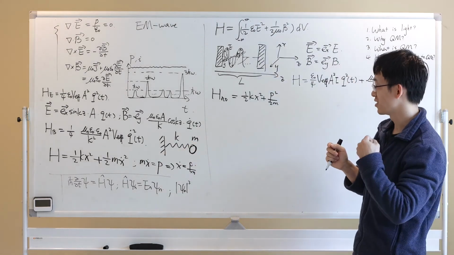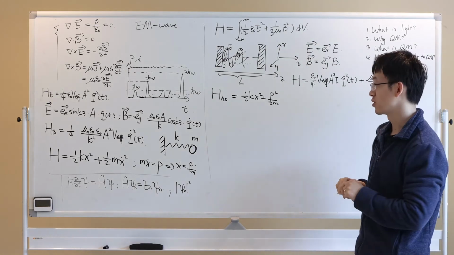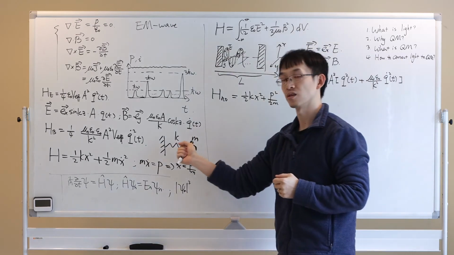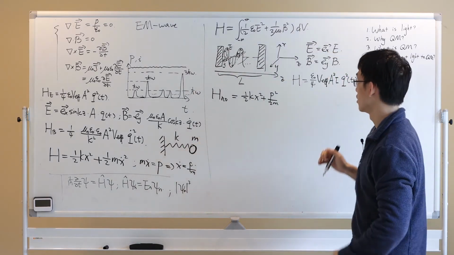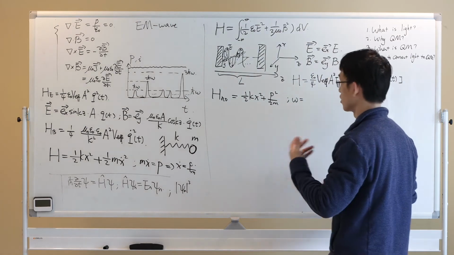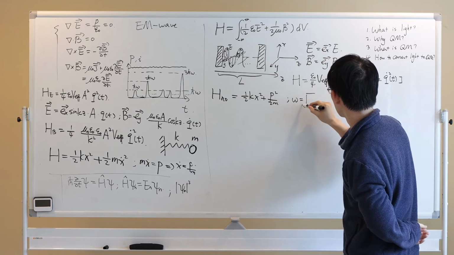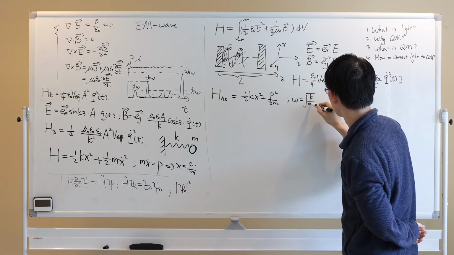But there's another parameter that's very easy to measure, which is the harmonic oscillator frequency, let's say omega. Omega squared is actually k divided by m.